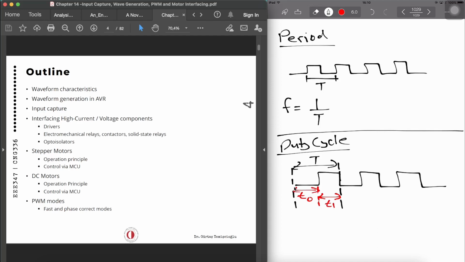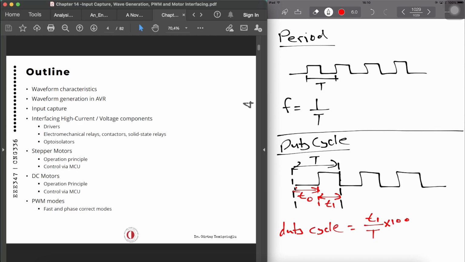In order to calculate the duty cycle, we just need to do T1, the high pulse, over the period times 100. So this is defining how much of the period the pulse is going to be 1, and then you can accordingly set the low part.